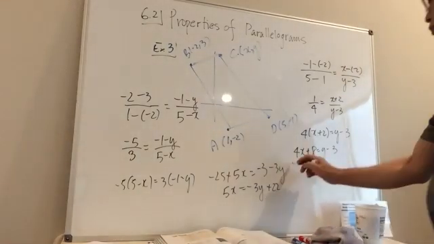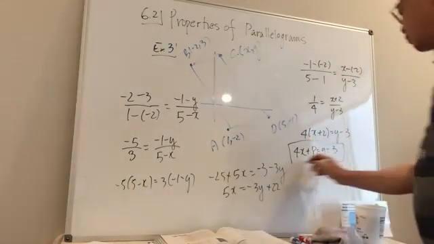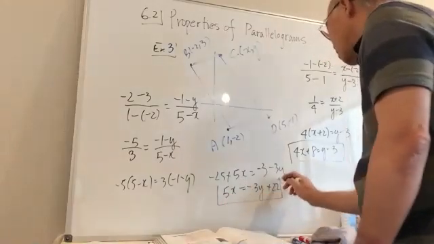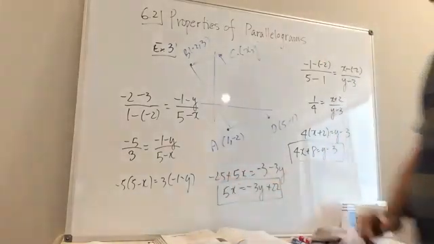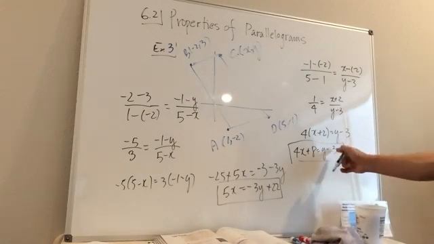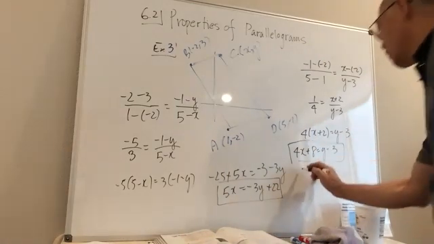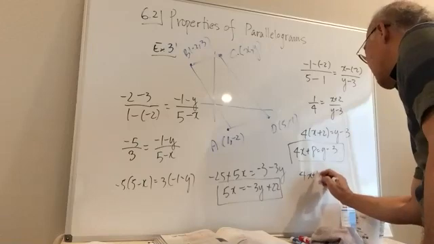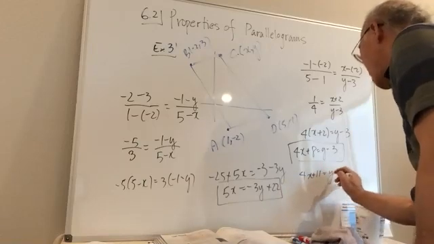So I have 2 unknowns and I have 2 equations. So I need to solve this system of equations, right? Over here, let's go one step further. I'm going to move the 3 over here, so I get 4x plus 11 is equal to y.